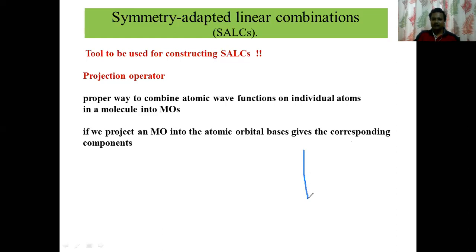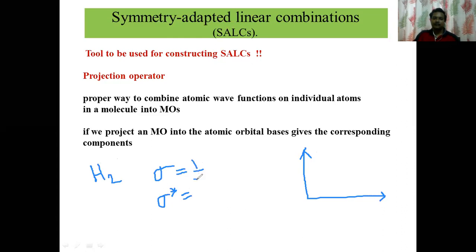So let me just do it like this. Let's say these are the two bases. Let's consider I am going for the H2 molecule, and I am having sigma and sigma star, right? Two orbitals. This is going to be the plus combination, and this is going to be the minus combination of two 1s orbitals.